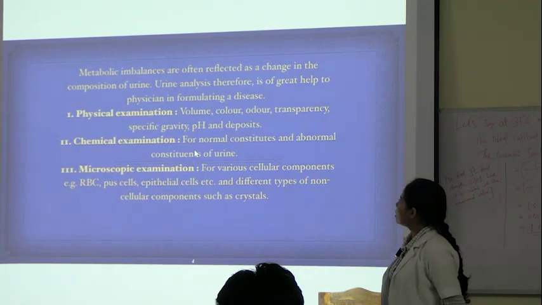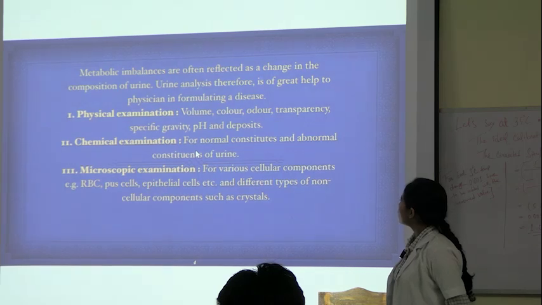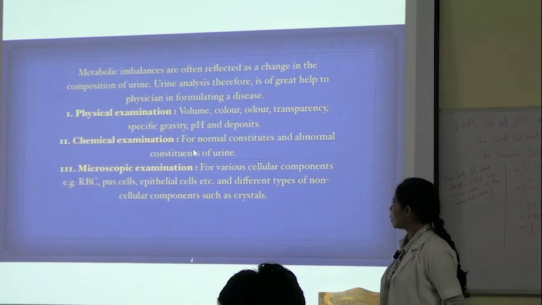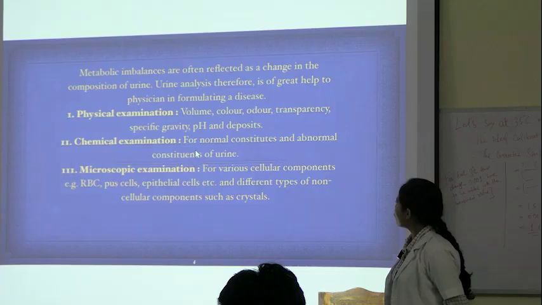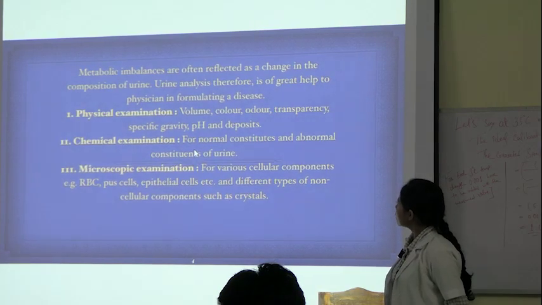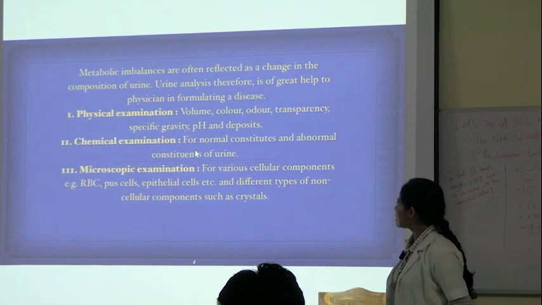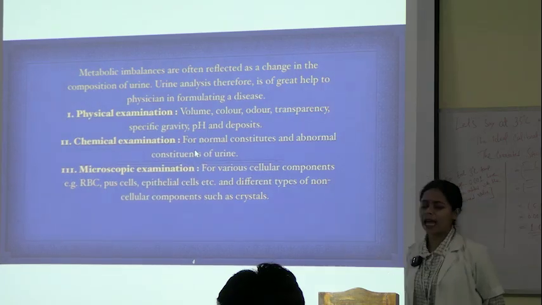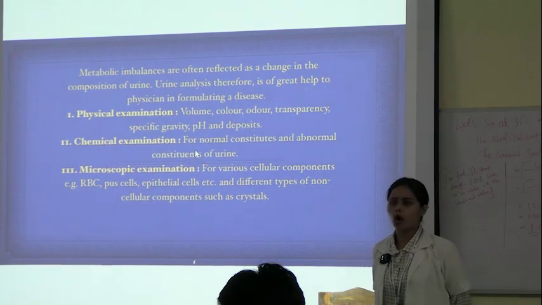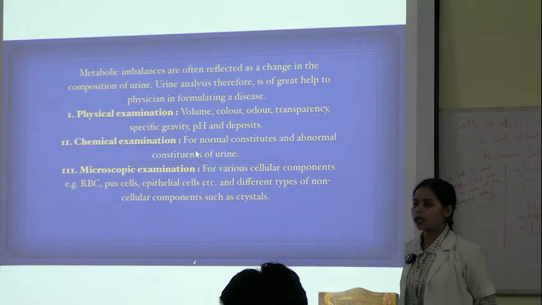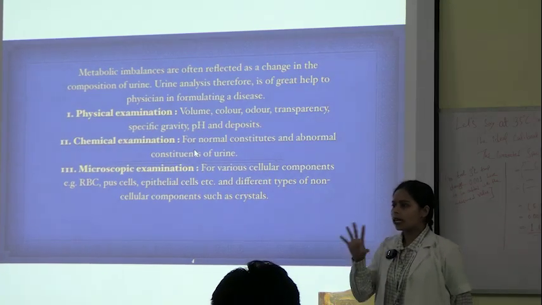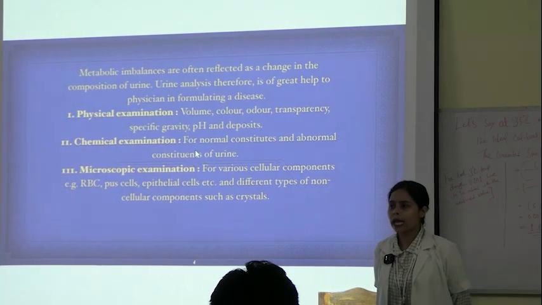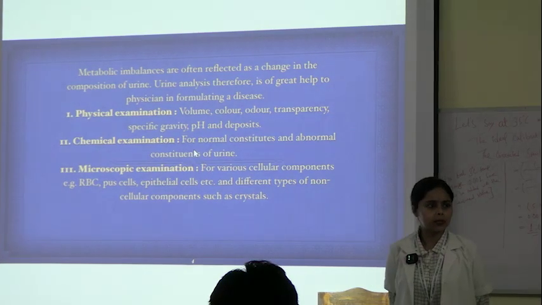Now, metabolic imbalances are often reflected as a change in the composition of urine. Urine analysis therefore is of great help to the physician in formulating a disease. So by analyzing urine, like the volume, the pH, we can find out the medical condition of the patient. For diabetes insipidus, do you know what is diabetes insipidus?